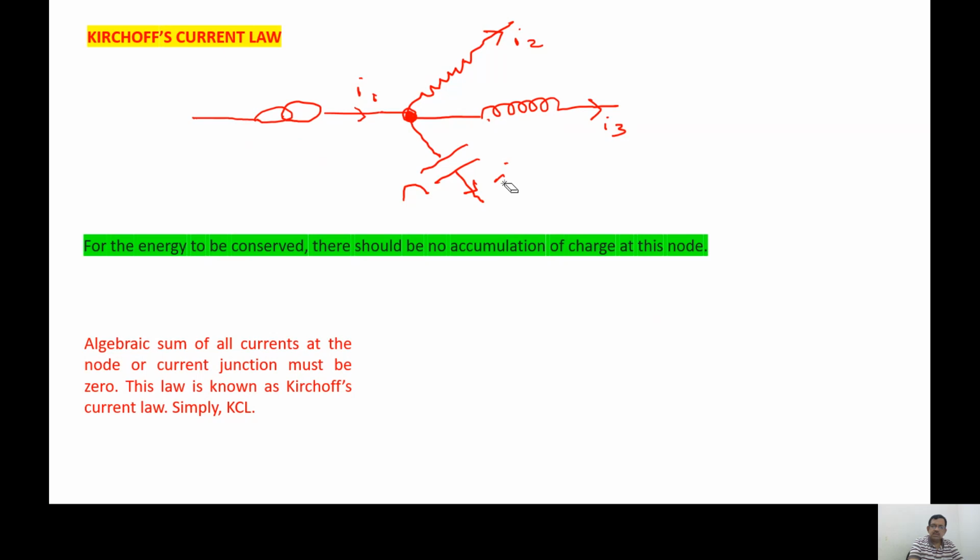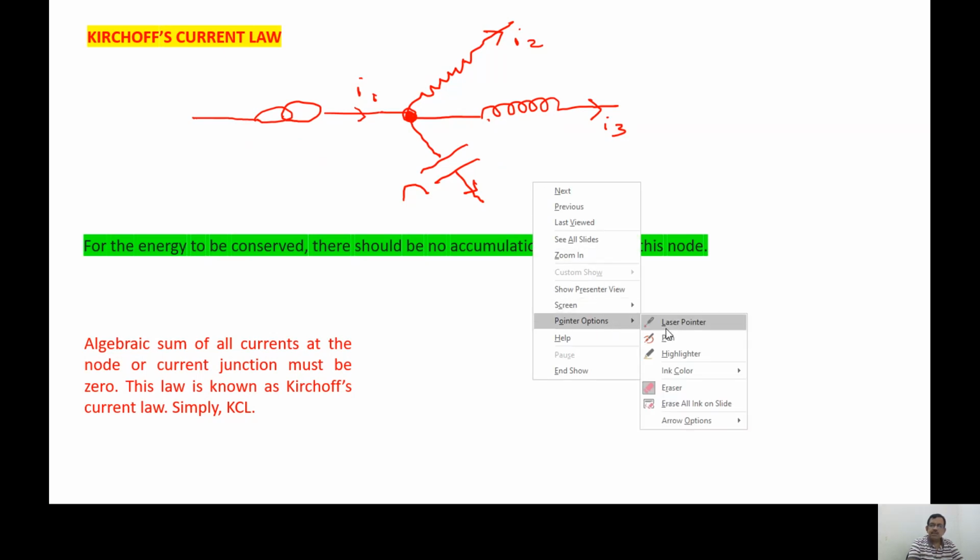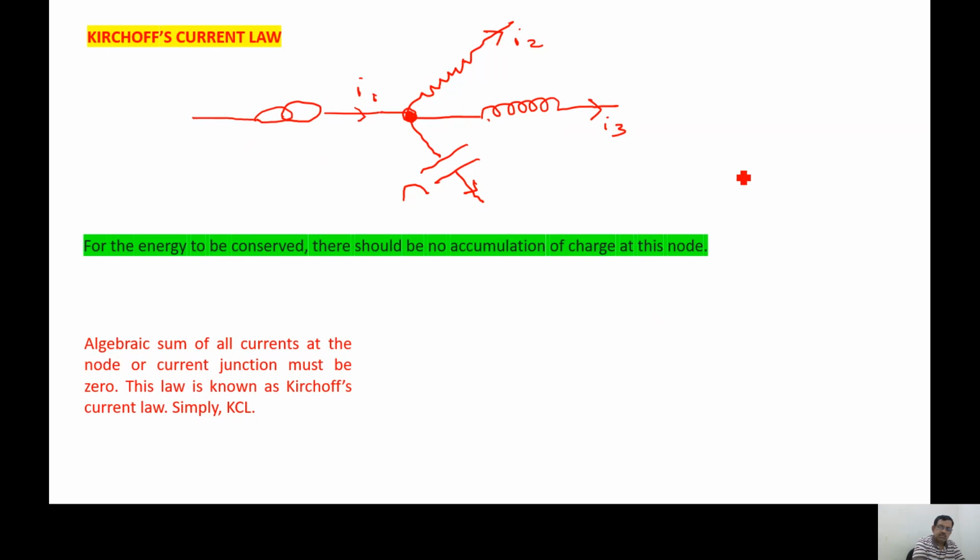So the current that is flowing through the capacitor is I4. So let me write it properly, I4 through this element.